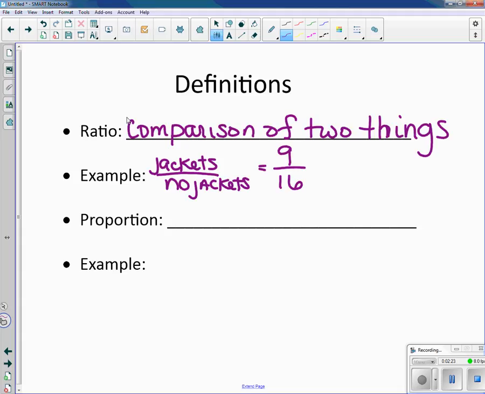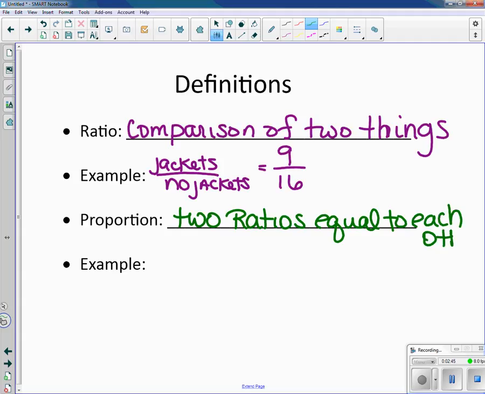A proportion is when you set two ratios equal to each other. So, here's an example.